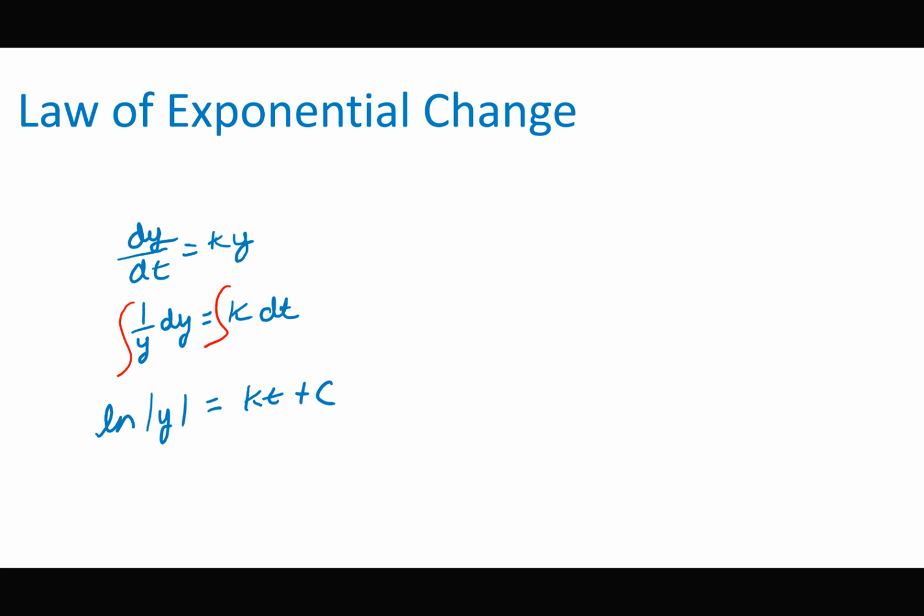Again, we're trying to get to some sort of y equals. We want to know what the original function was going to be. So I have natural log of y. If I raise that to the power of e on both sides, then all I'm left with is absolute value of y, and then e to the kt plus c.